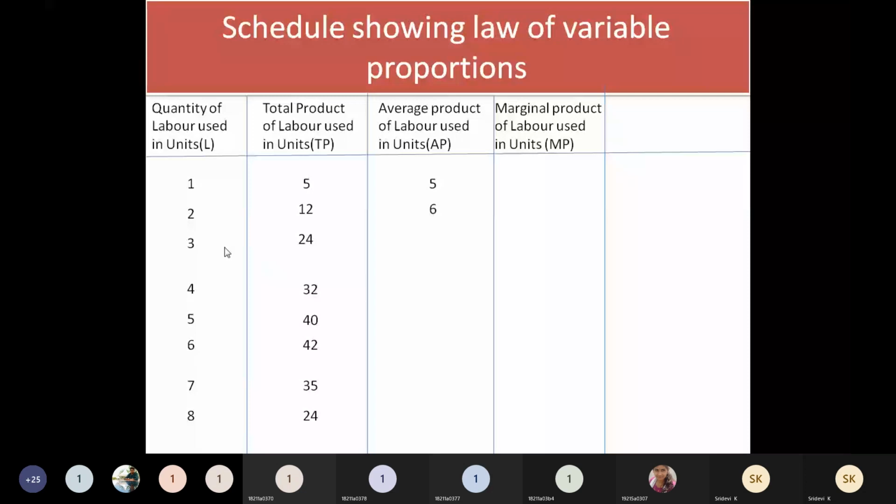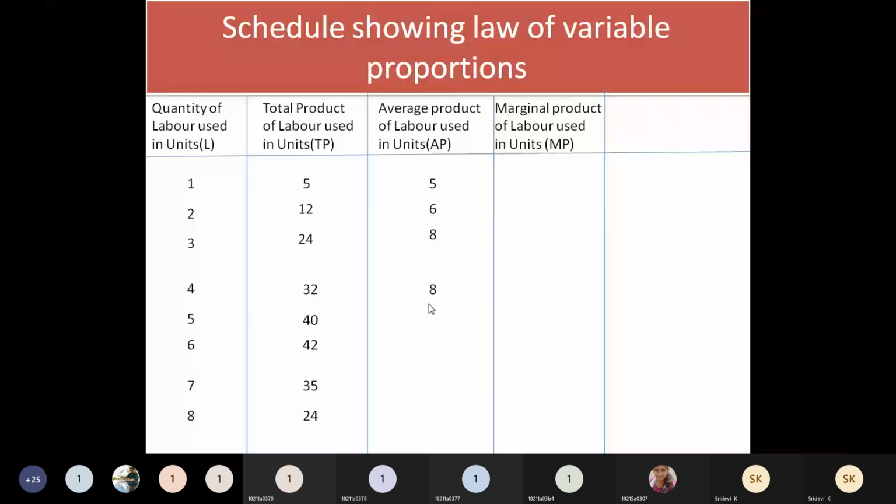Because production is increased, automatically we will add the third worker. When we increase the third worker, the average production has again increased, and each person is producing 8 products. Okay. So when we go for the fourth one, all 4 persons are producing only 8. There is no change in the average production.